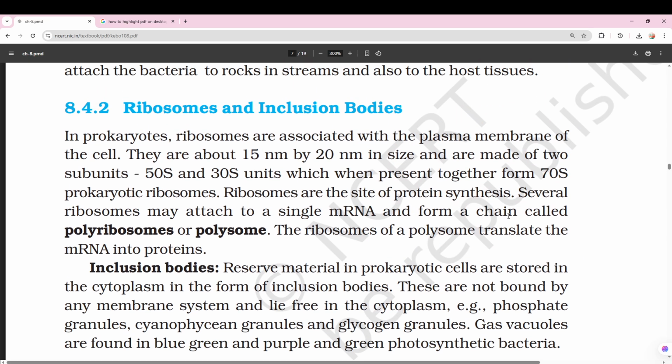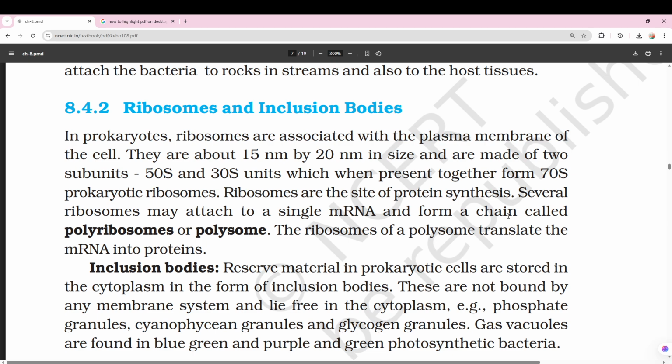In prokaryotes, ribosomes are associated with the plasma membrane of the cell. They are about 15 nanometers by 20 nanometers in size and are made of two subunits, 50S and 30S, which when present together form 70S prokaryotic ribosomes.